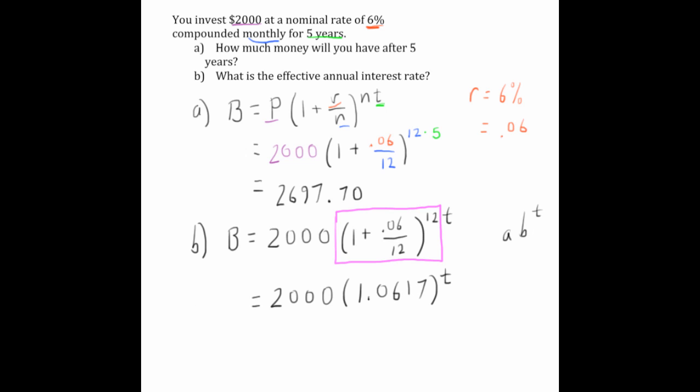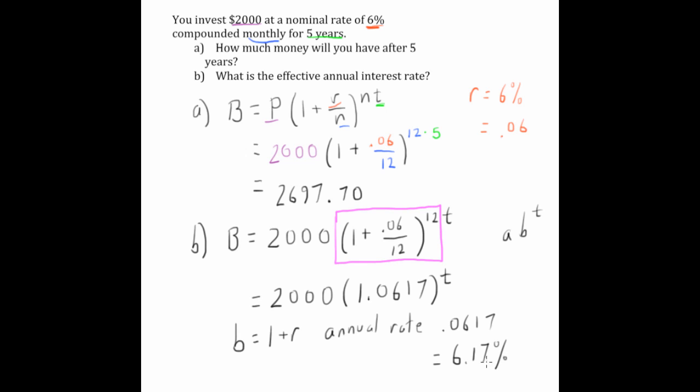Okay, what does that mean? Well, remember that b equals 1 plus r. Now this is a different rate r. This is where things can get a little bit confusing. But in this case, the annual rate we get is 0.0617. Convert that back to a percentage, that's 6.17%.